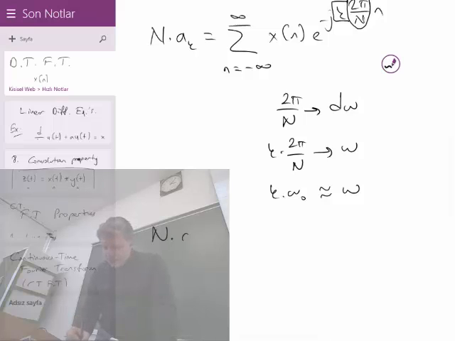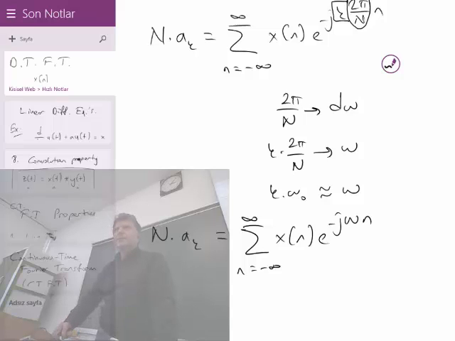So N times a_k will be equal to the summation n from minus infinity to infinity x of n e to the minus j omega n, not k 2 pi over N times n. I'm going to write it like this. Omega is equal to k times 2 pi over capital N at this frequency, if you wish.